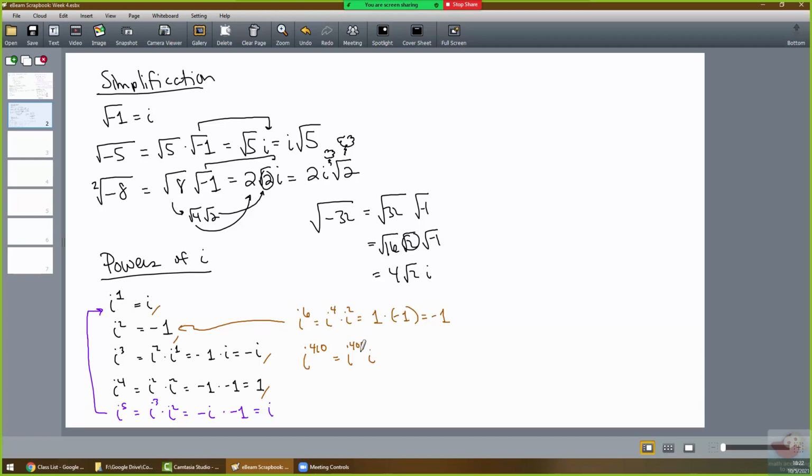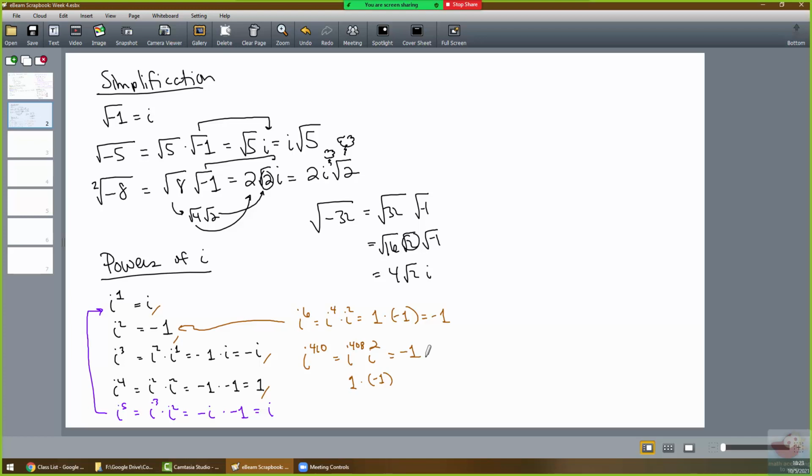And how many more would we need to make 410? The i squared. Very good. i raised to a multiple of 4 is always 1. Always, always, always. So this whole thing is 1 times i squared, which from our list is negative 1. So that says i to the 410 is negative 1. Hooray! Sort of useless, but that's okay. You could do that now if you really, really wanted to.